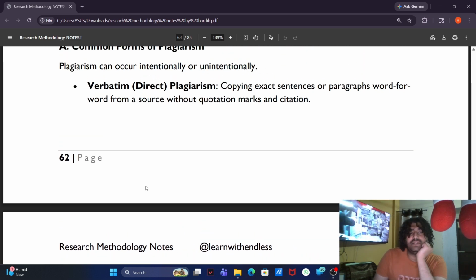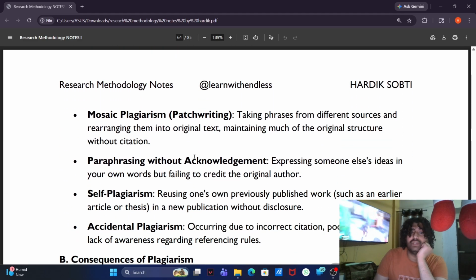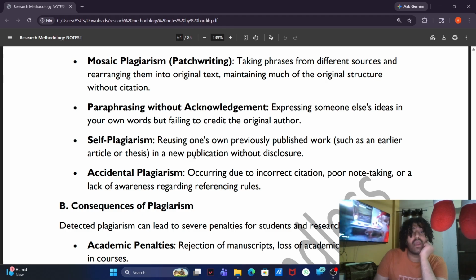Verbatim or direct plagiarism: copying exact sentences or paragraphs word for word from a source without quotation marks and citation. Mosaic plagiarism: taking phrases from different sources and rearranging them into new text, maintaining much of the original structure without citation. Paraphrasing without acknowledgement: expressing someone else's ideas in your own words but failing to credit the original author.